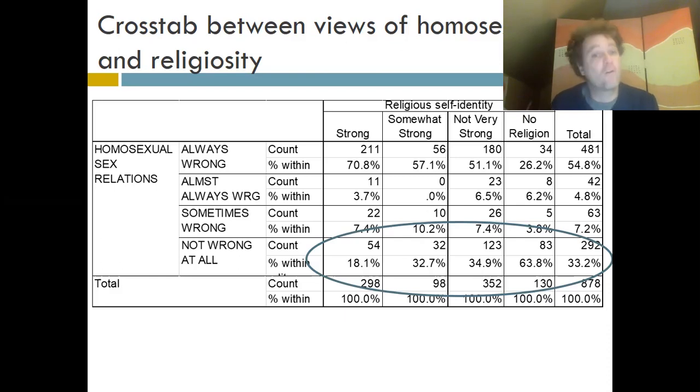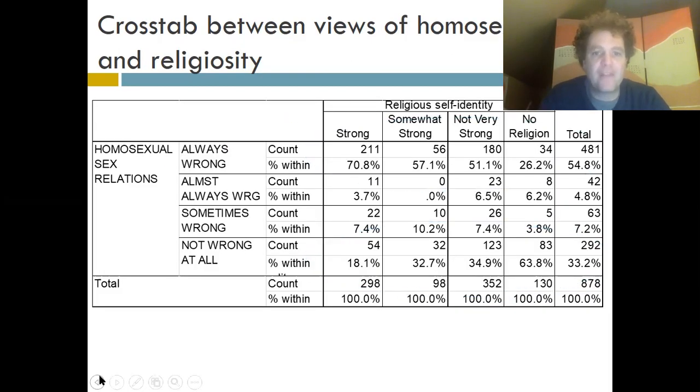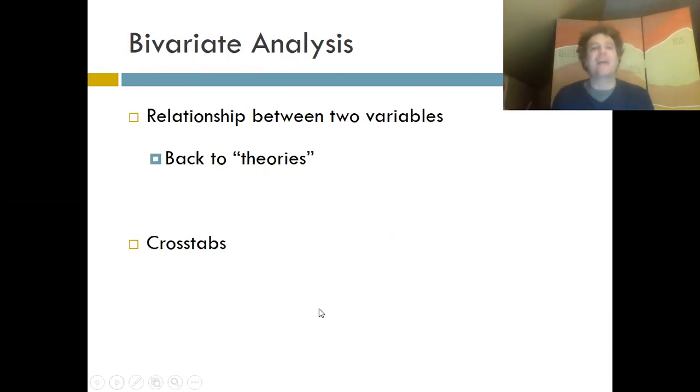And if they have no religion, 63% think it's not wrong at all. So there does seem to be a relationship between people's religiosity and their views of homosexuality. We found this out essentially by doing bivariate analysis, looking at the relationship between two variables.